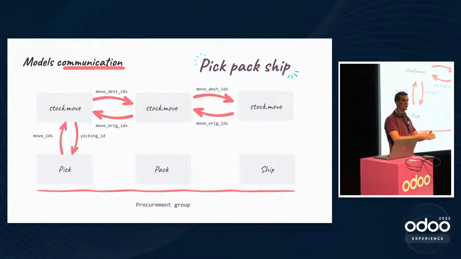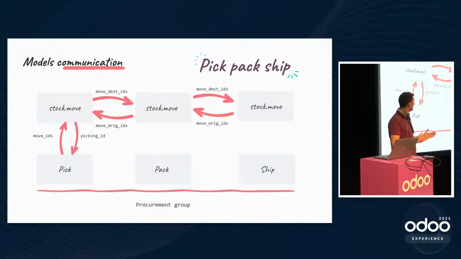From the pack location, someone takes it from the stock and picks it, so I will create another move to tell someone to pick the good from the stock and put it in the pack location. Also from the pick, it has to come in the stock, so I need another move that brings the good from the supplier to my stock. So you will have a chain of different moves.